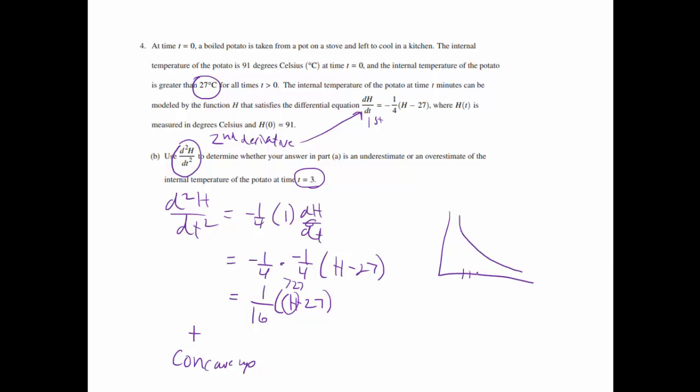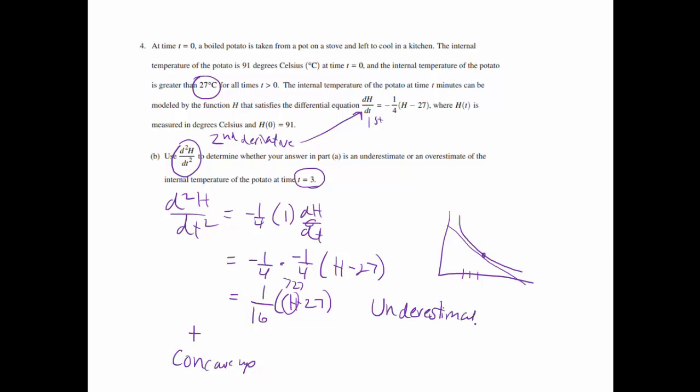So at time t equals 3, remember in part A, we found an equation of a tangent line. So it's asking, was that answer an underestimate or an overestimate? Since the tangent line is underneath the actual curve, it is going to be an underestimate.